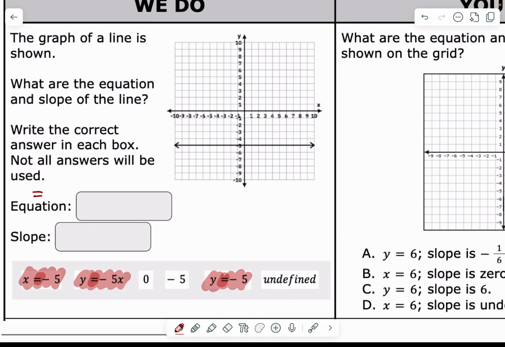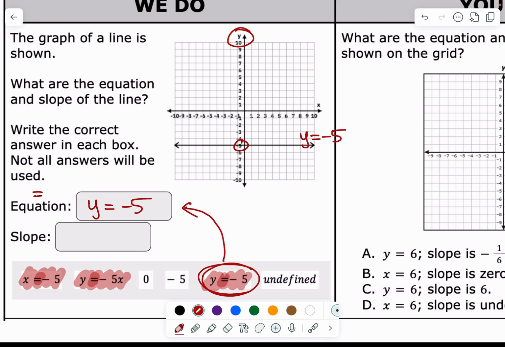On this one, I can see that my line is touching my y-axis, so it's going to be y equals -5. So my answer should be y equals -5. Now my slope can either be positive, negative, 0, or undefined. I know my line is going left and right, so I know that's a 0 slope. So 0 should go here for slope.